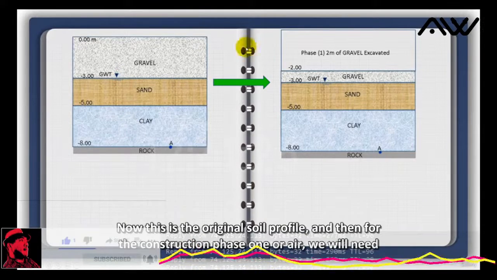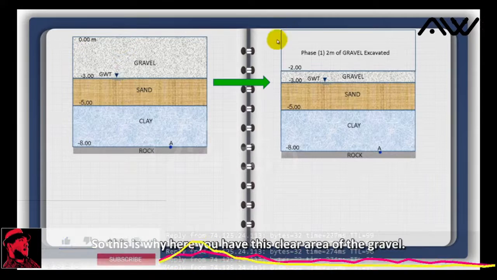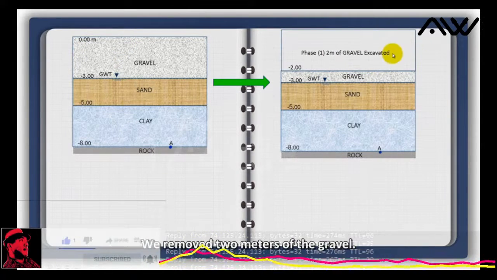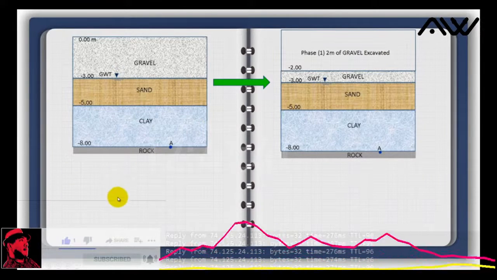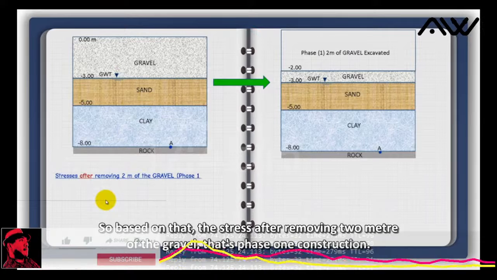Now this is the original soil profile, and then for construction phase 1, or A, we will need to remove 2 meters of the gravel. This is why you have this clear area of the gravel. We removed 2 meters of the gravel. So the stress after removing 2 meters of the gravel is phase 1 construction.